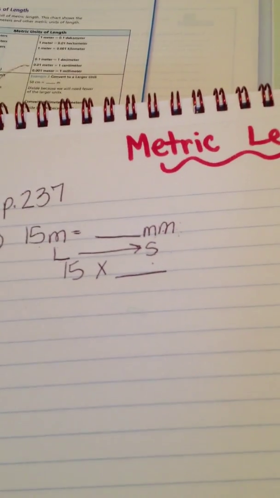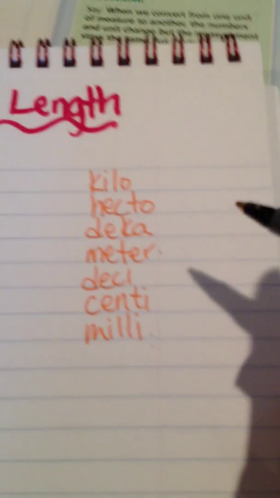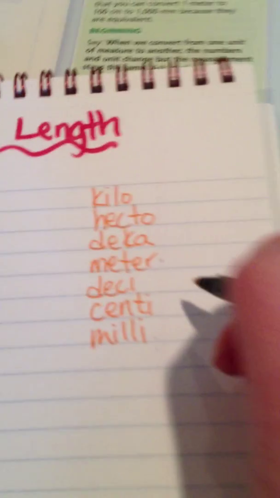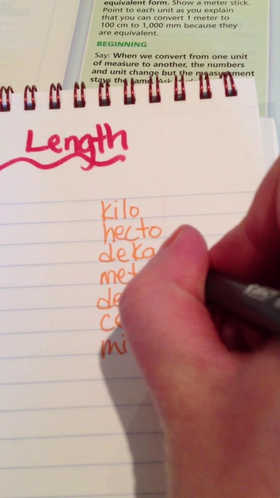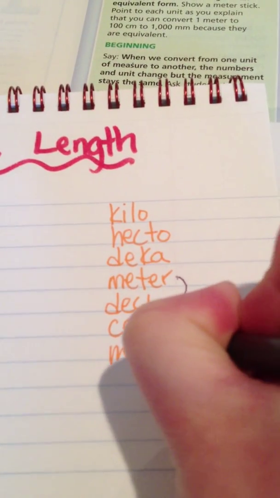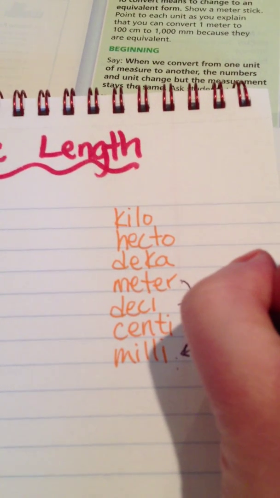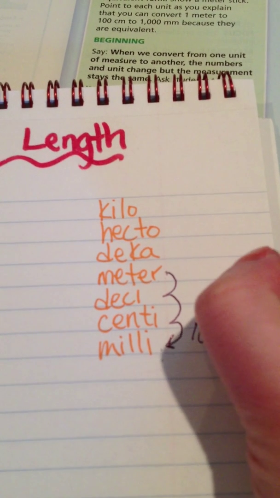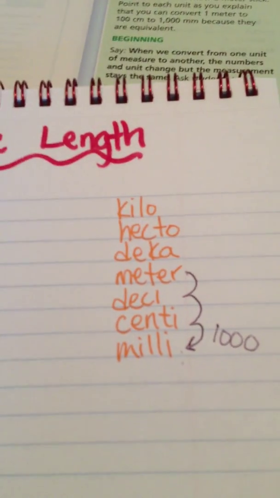This is where I have to go back to my chart to compare how far away milli is from meters. And since it is 3 away, 1, 2, 3, that means it is 3 zeros smaller. So it's 1,000 times smaller.